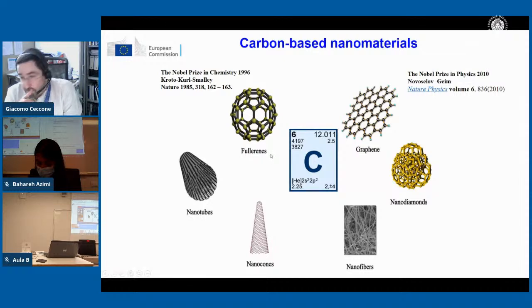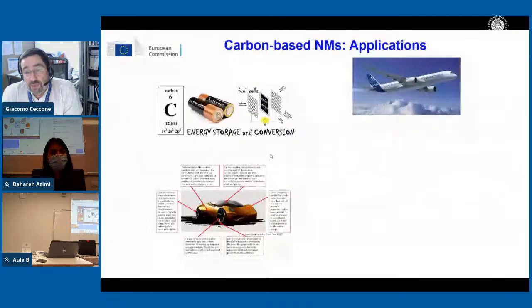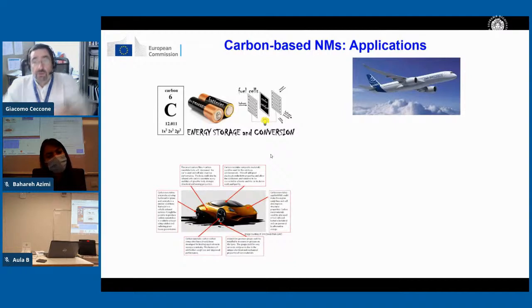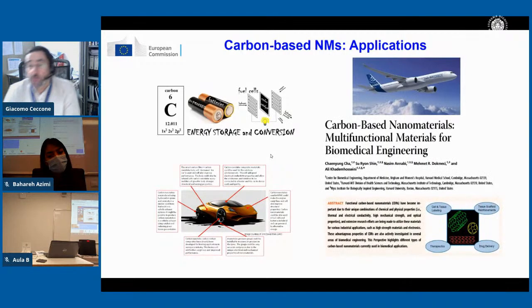Those kinds of materials are very interesting for several applications. People were very excited about using them in energy storage and conversion, for instance as catalysts, or in transport because of the mechanical properties, and also as a structural material. But people also tried to understand if there was a possibility to use these nanomaterials as functional materials in biomedical engineering.